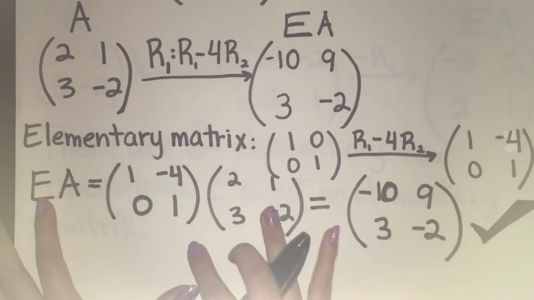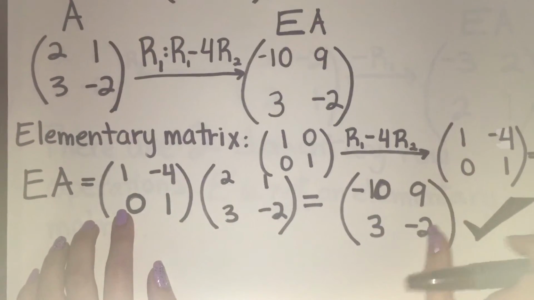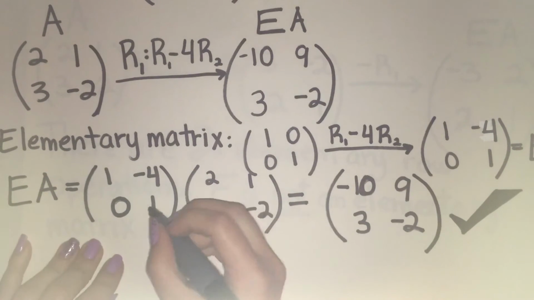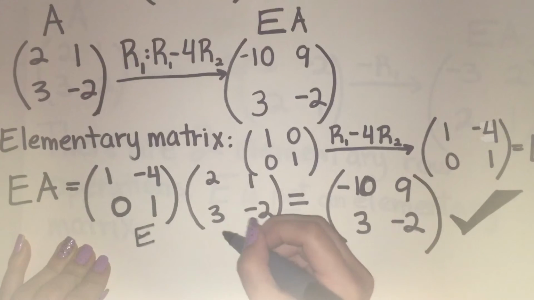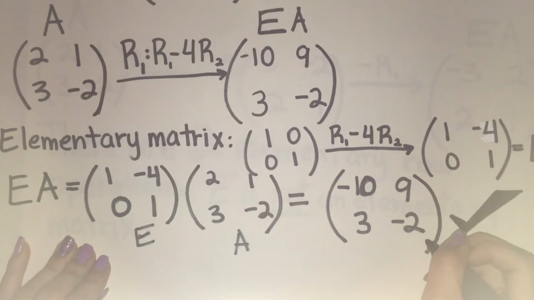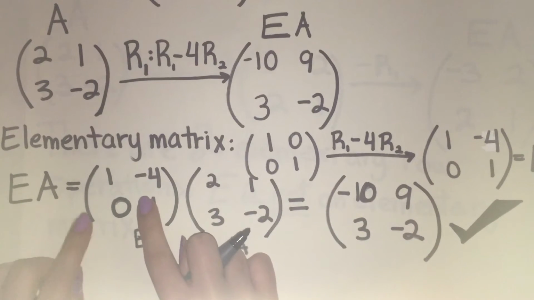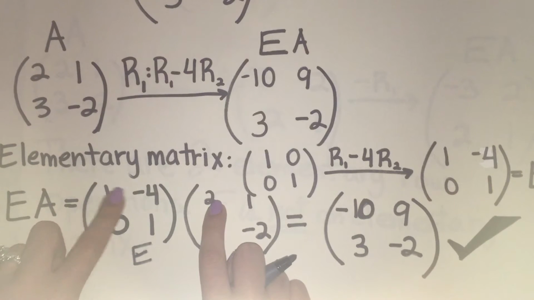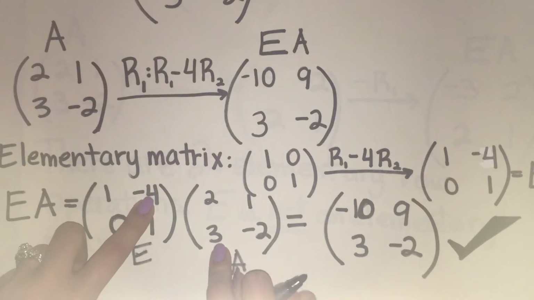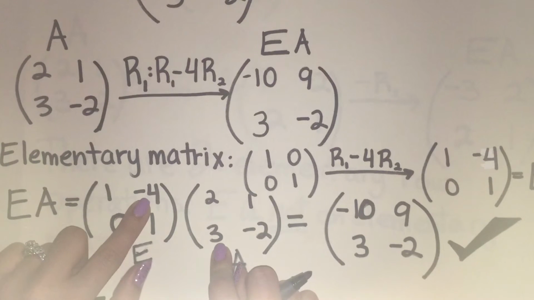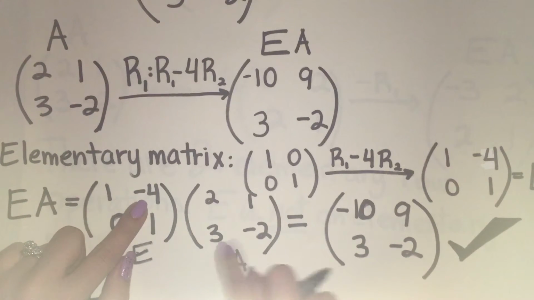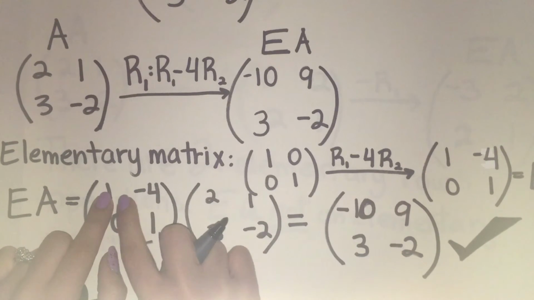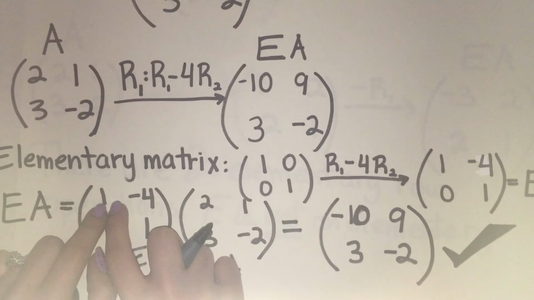And then here, when we check our work, and we use this matrix that we found, E, E times A does indeed equal this matrix. Let's see. We have 1 times 2 is 2, plus negative 4 times 3, that's negative 12. So it's 2 minus 12, negative 10. For the second entry, 1 times 1 would be 1.